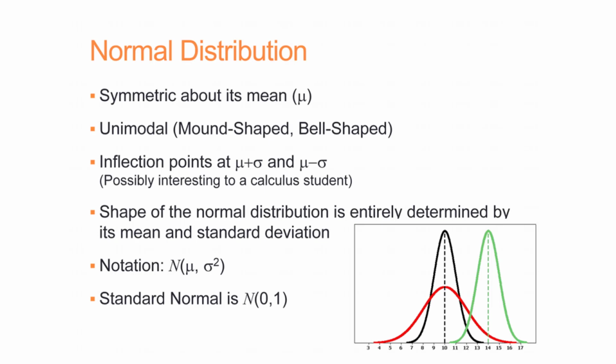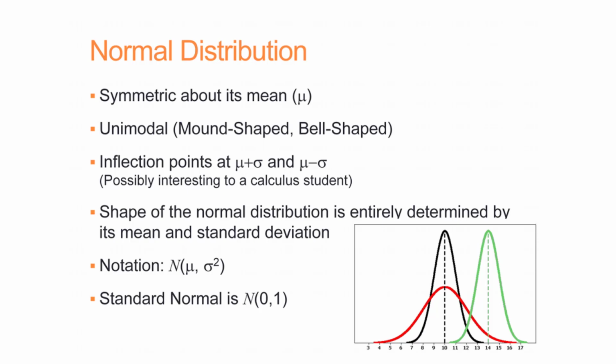There is another important type of distribution, and that is the normal distribution. In general, all normal distributions are symmetric about the mean, which is mu. Unimodal, we could also say bell-shaped. The inflection points on the curve, where it switches from concave down to concave up, are at mu plus or minus sigma.